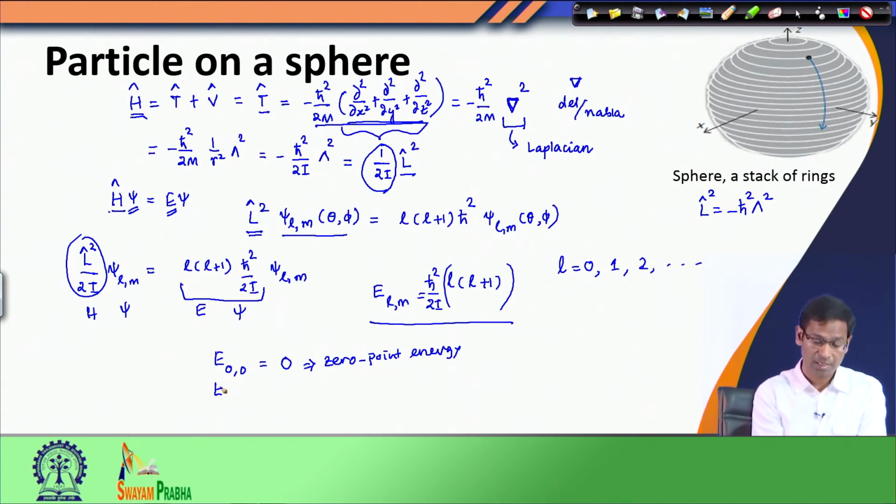The next one will be when L is 1. In that case, I can have 3 different values of m. So, there can be plus 1 or minus 1 or 0. In that case the energy, since L is 1, I simply have 2 h square divided by 2I, and this will be threefold degenerate.